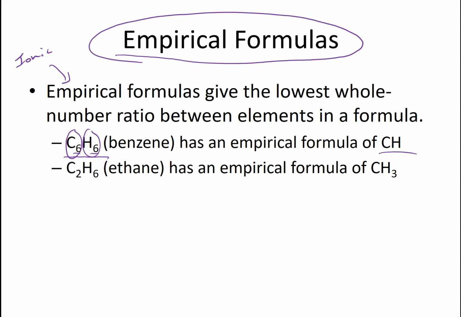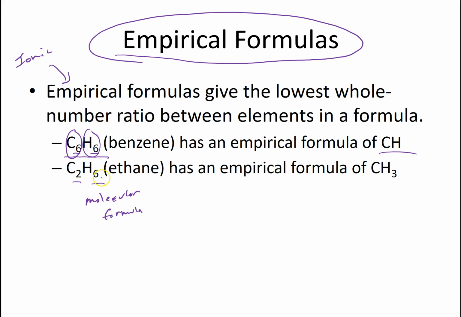Ethane, on the other hand, has a ratio of 2 carbons to 6 hydrogens. So that is the molecular formula, C2H6.